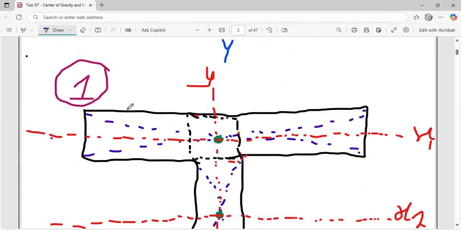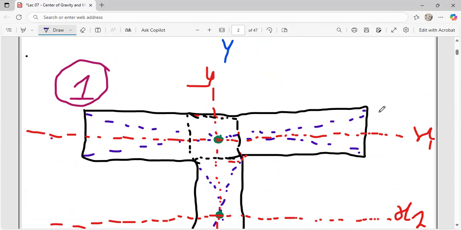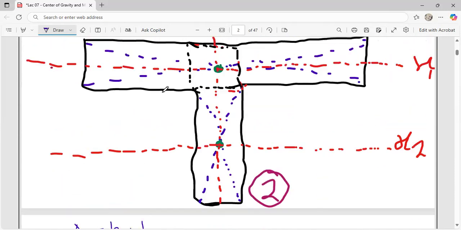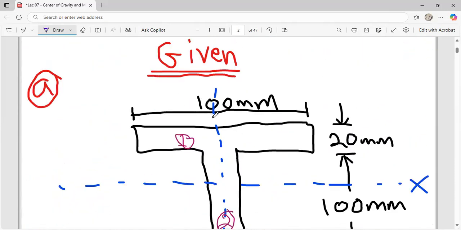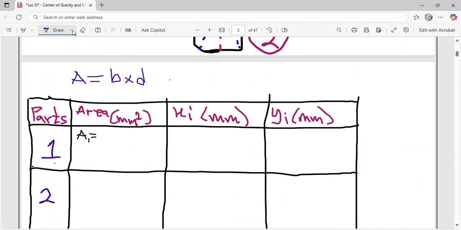And from here to here is its breadth, and its depth becomes this part. So what is the breadth of part one? It is 100. For part one, the breadth is 100 and the depth is 20. So we say 100 times 20. Let's all point that together.